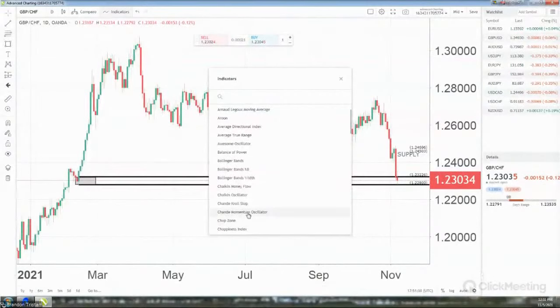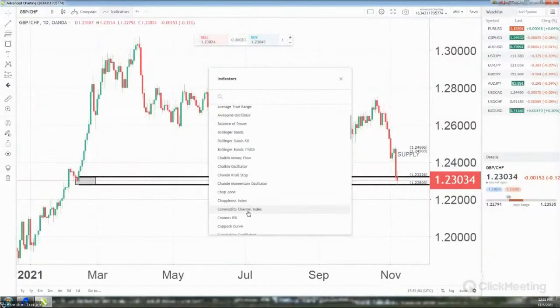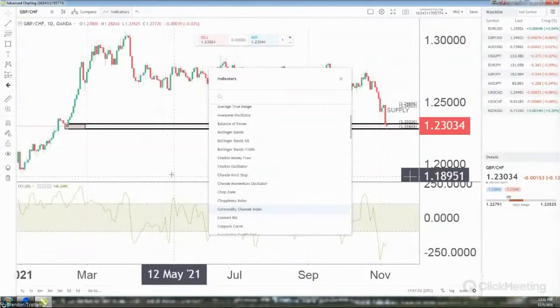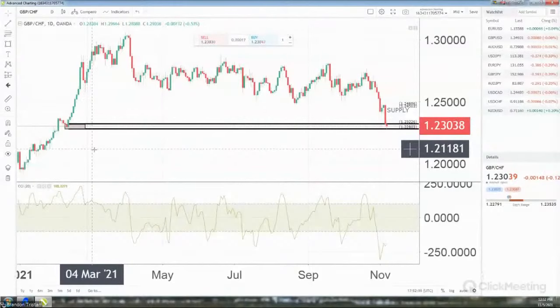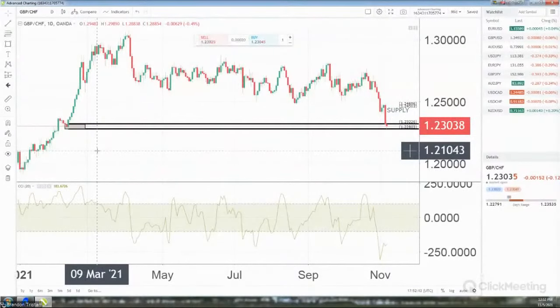Right in there, it's telling us overbought. We're selling right there. And then we're not selling again until about right here.